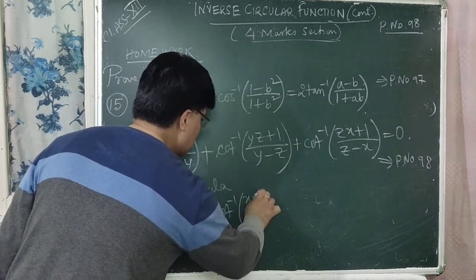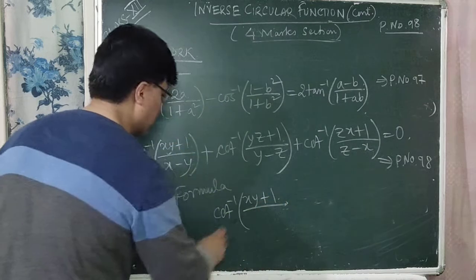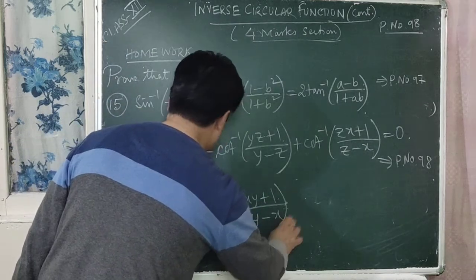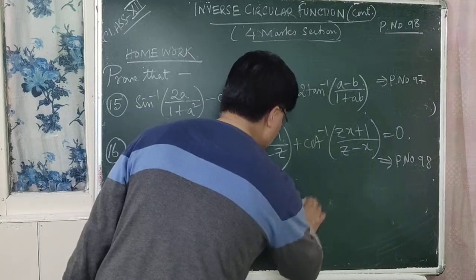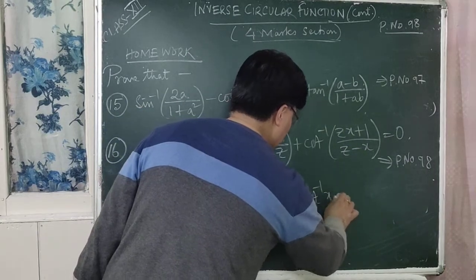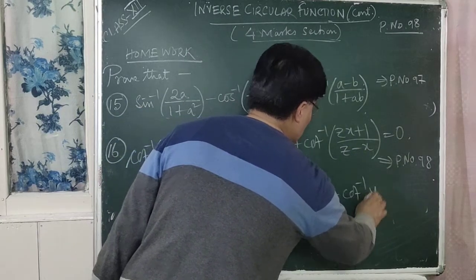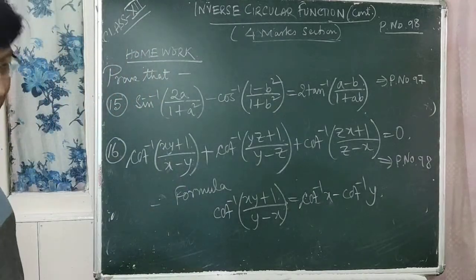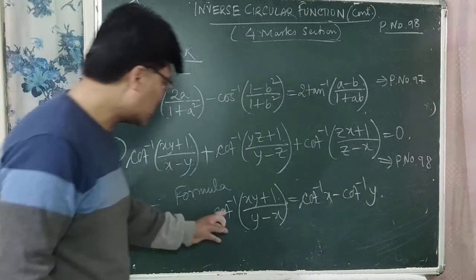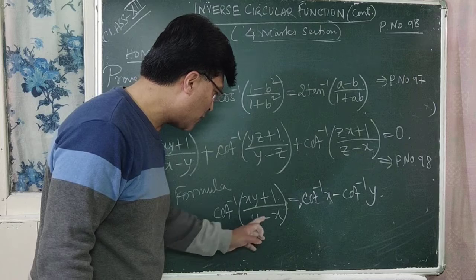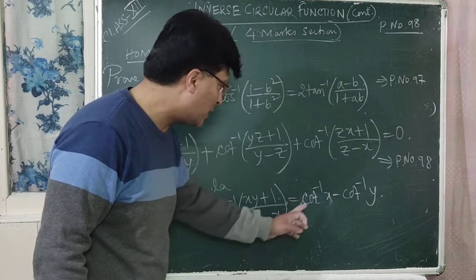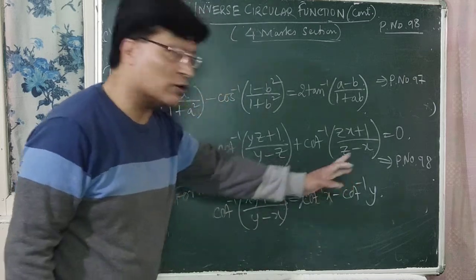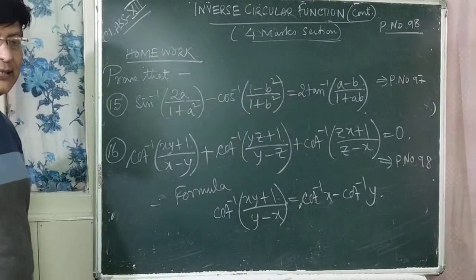Cot inverse of xy plus 1 divided by y minus x is equal to, what is the formula? It is cot inverse x minus cot inverse y. You can use the formula in this case.